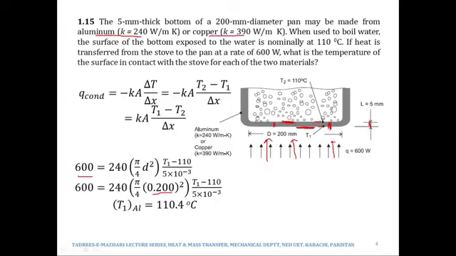And the second thing which is the reason for such a small temperature difference is the thickness. The thickness is only 5 millimeters. Now if we increase the thickness from 5 to 10 or 15 millimeters, this temperature difference will increase. So the higher the thickness of the material, the more would be the resistance and the more would be the temperature difference between the two faces.